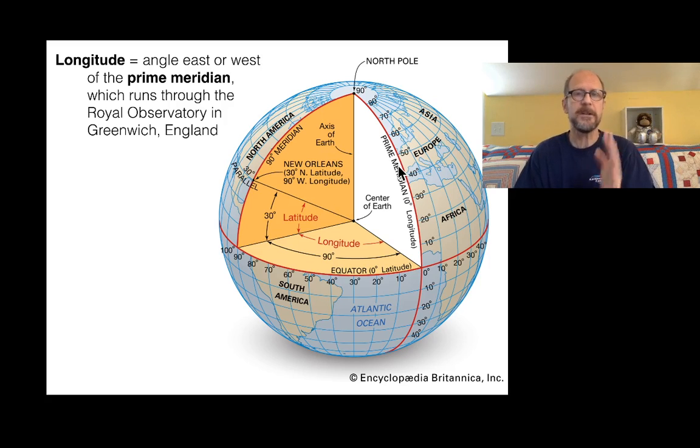And the reason it's London is because England was a global superpower in the 1800s, when it was decided that this would be the 0 point for longitude for maps all over the world. That really irked the French. The French really wanted 0 degrees longitude to run through Paris. But in the end, the international agreement came out to be that it was through London.